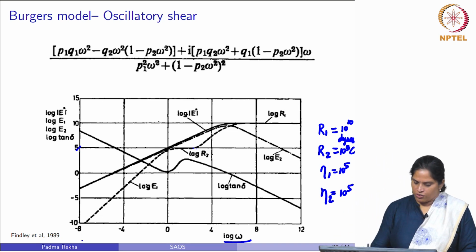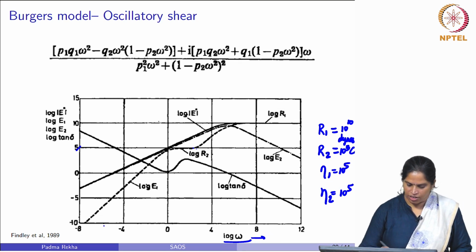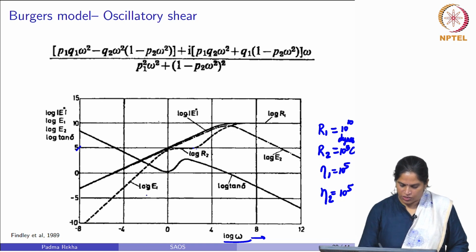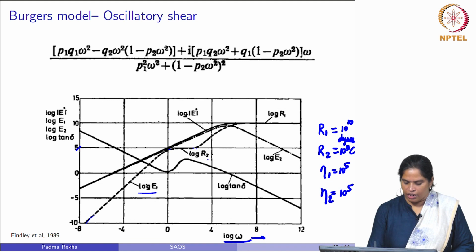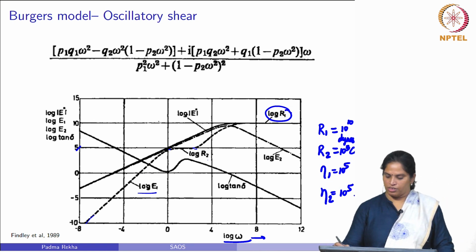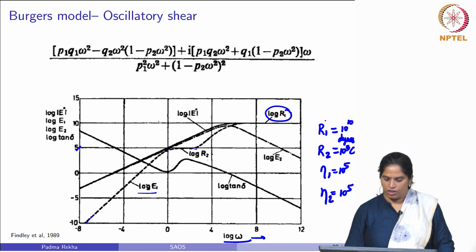If you see the variation in the modulus across a wide range of frequency, you can see that the logarithm of the storage modulus increases with frequency, and when it reaches a value near R2, it stays constant for some range of frequency, and then it starts increasing again, and asymptotically reaches a constant when the modulus reaches the value of R1, which is the spring constant in the Maxwell portion.